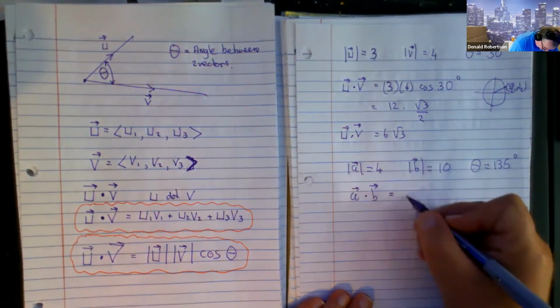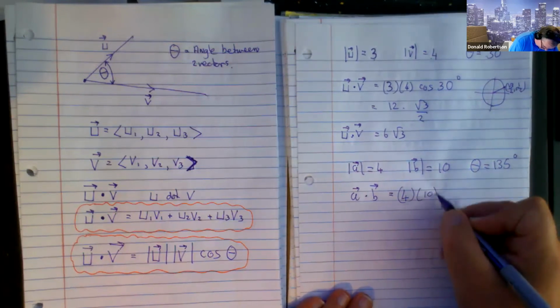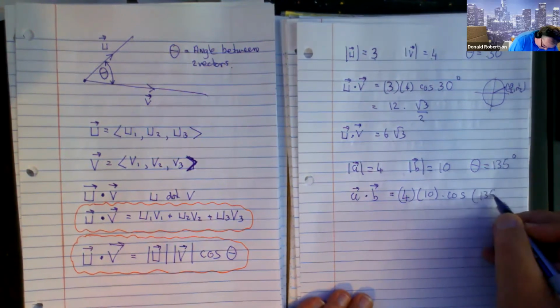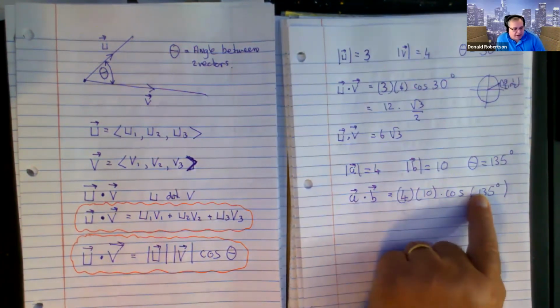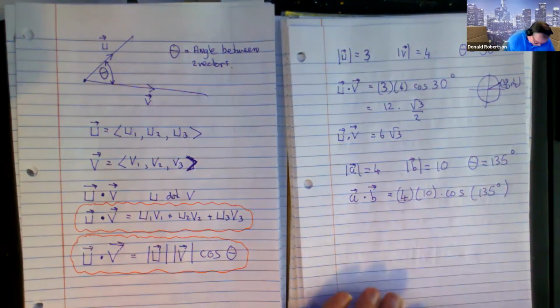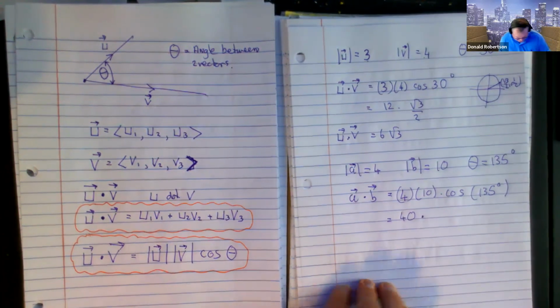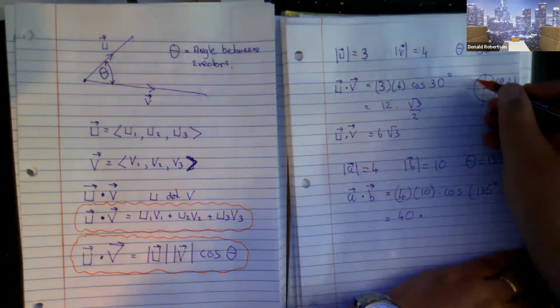So it's the magnitude of A, which is 4, times the magnitude of B, which is 10, times the cosine of 135 degrees. That guy is in the unit circle. So that's 40 times... 135 degrees is roughly about here.